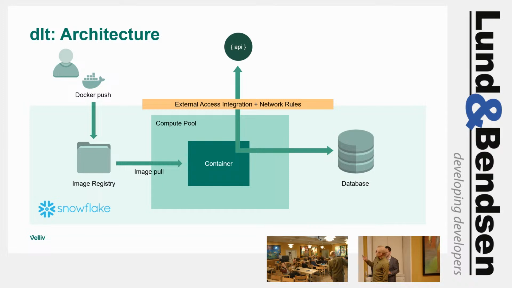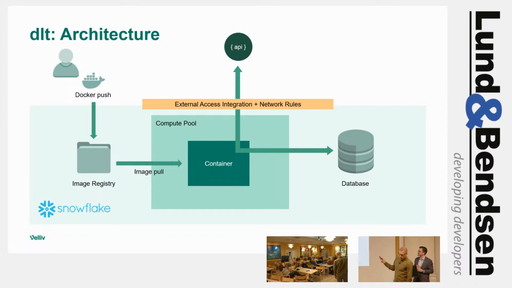So we would have to push a Docker image locally from Boris' machine into the image registry in Snowflake. And from the image registry, the image is pulled to a container that runs within a compute pool in Snowflake.